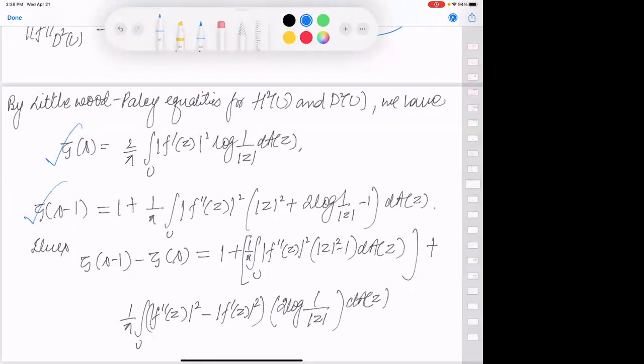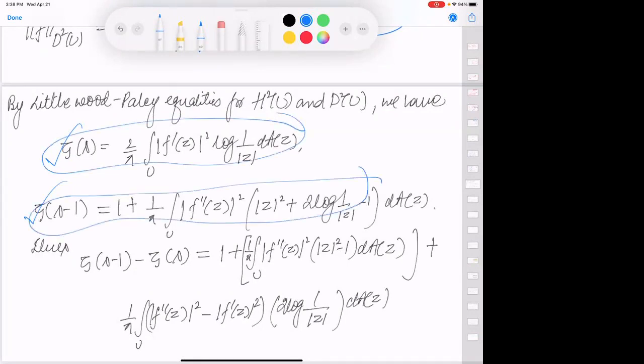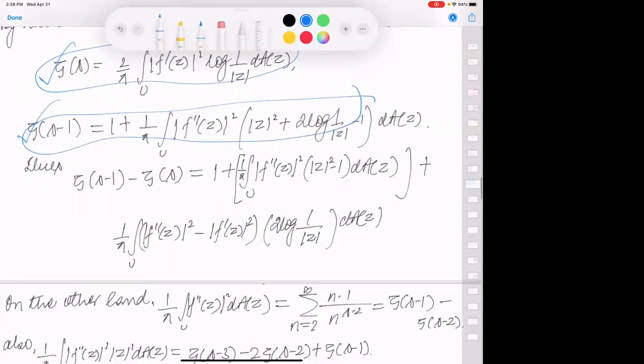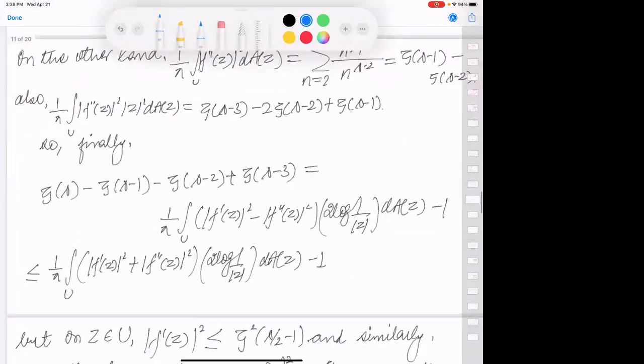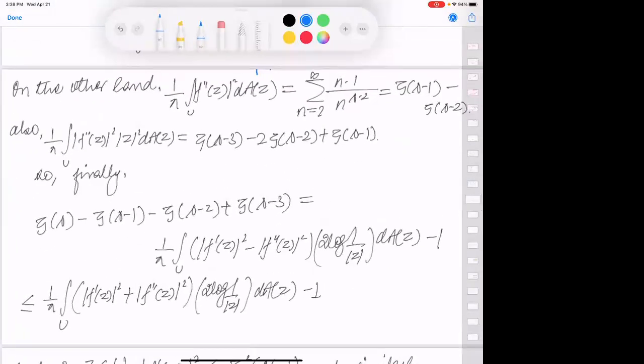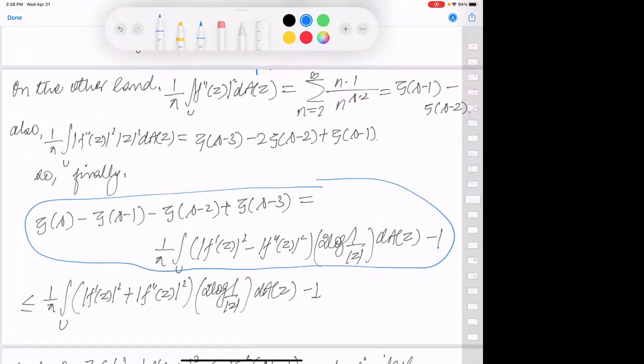Now I'm going to subtract this quantity from this one and do some manipulations, calculations and bounding.